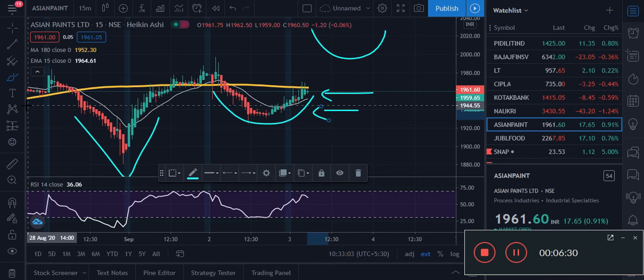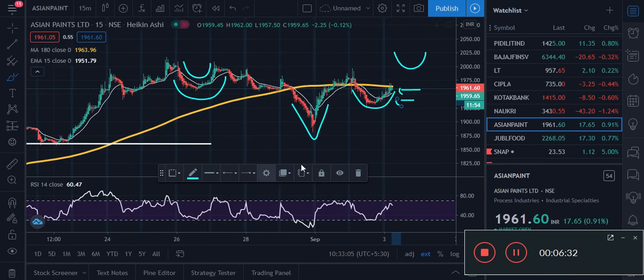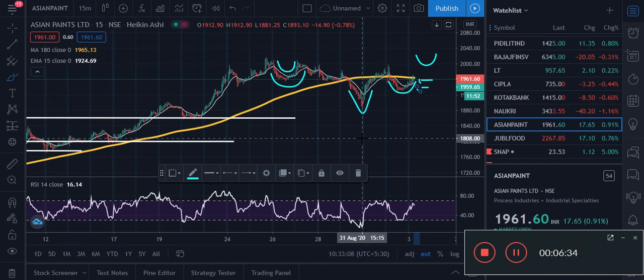This is the pattern that I follow to understand reversals and when would be the exact time I would want to buy, and it helps me understand my potential profit and lock in profits. So that's it, guys. Thank you so much.